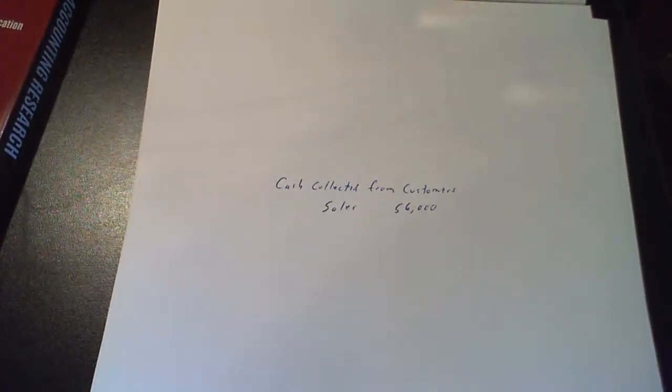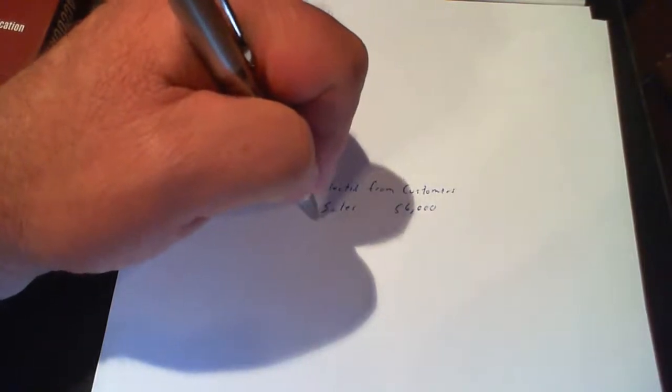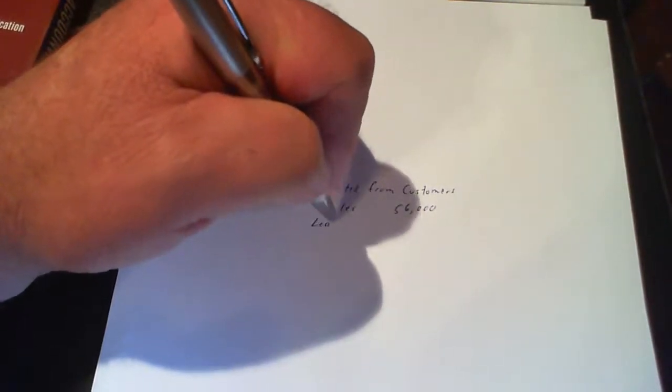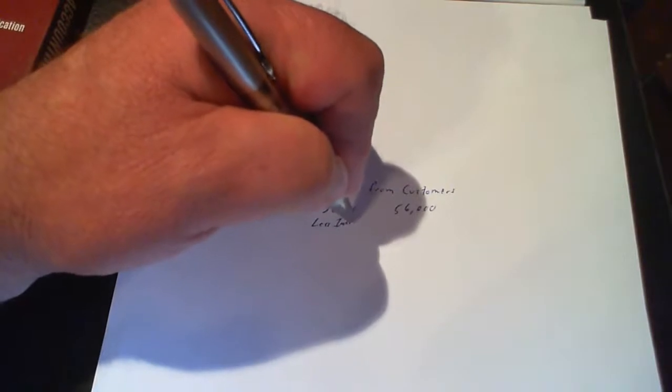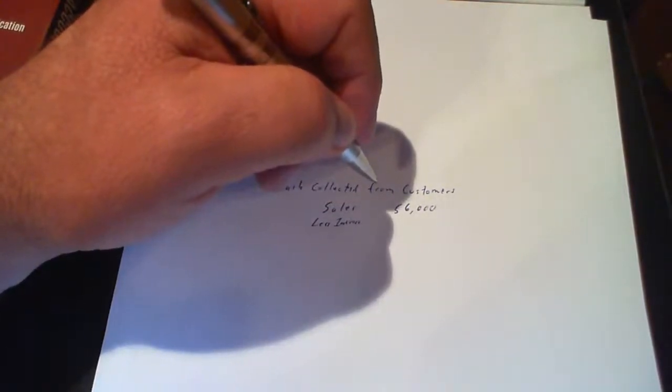So we collected $2,500 less than we actually sold. So an increase in accounts receivable means a decrease in cash. So we'll less the increase. And that's true of any activity. Any increase in assets will be a decrease in cash.